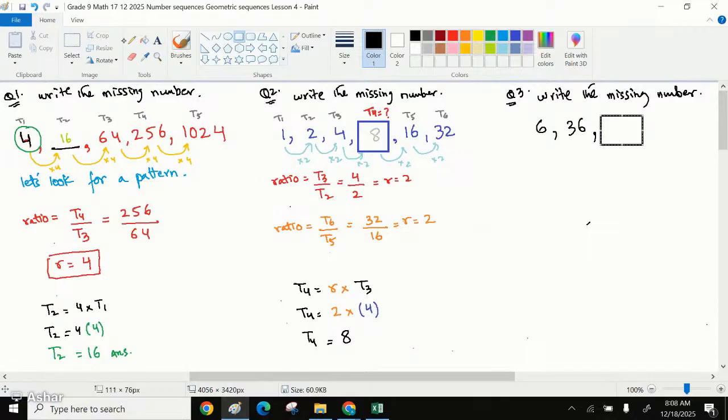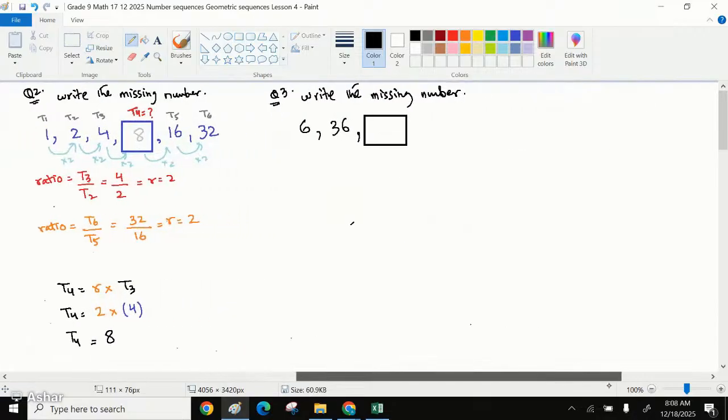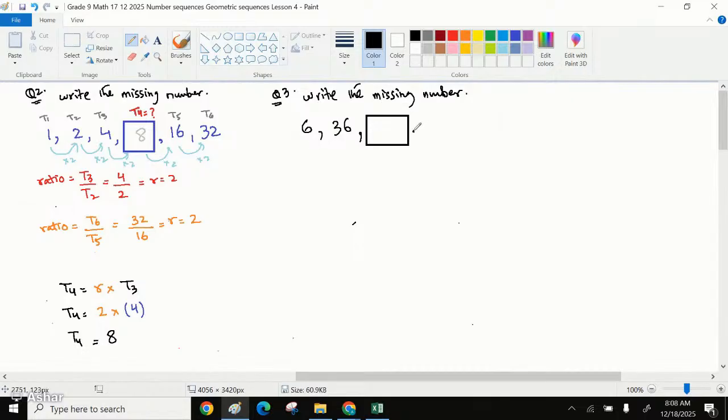The third number is missing for us, and the fourth one would be 1296. And the last one is 7776. So these are the 5 numbers of a geometric sequence, out of which the position of term 3 is missing. Term 1 we have, term 2 we have, term number 3 is missing, this is term number 4 and term number 5.